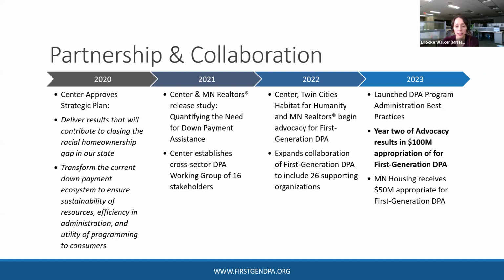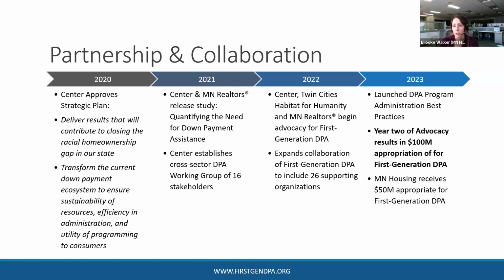Essentially, this study called out the impact of down payment and what it could do to reduce the racial homeownership gap, and really called out the impact of not having generational wealth through homeownership.